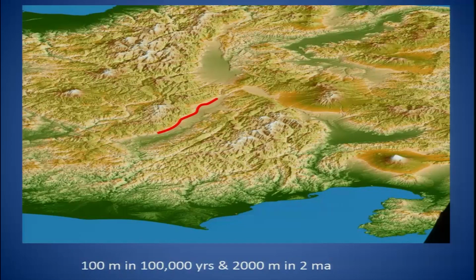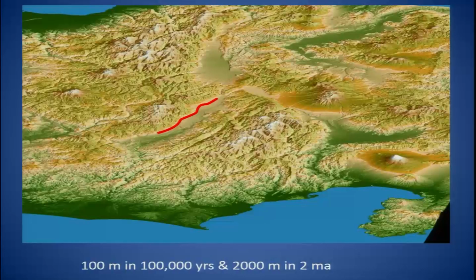So again, you can use different methods using this Shuttle Radar Topography Mission data, and we will try to come up with a lecture where you can use different techniques.